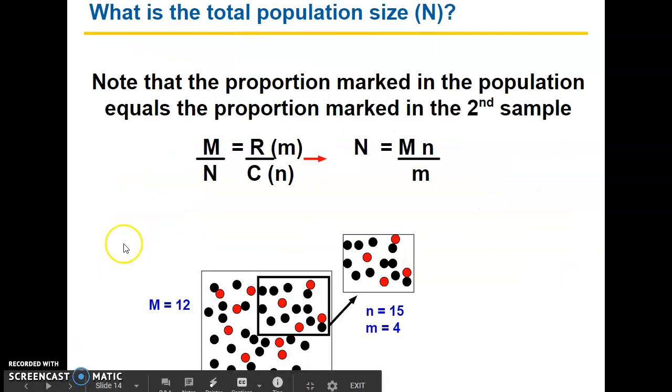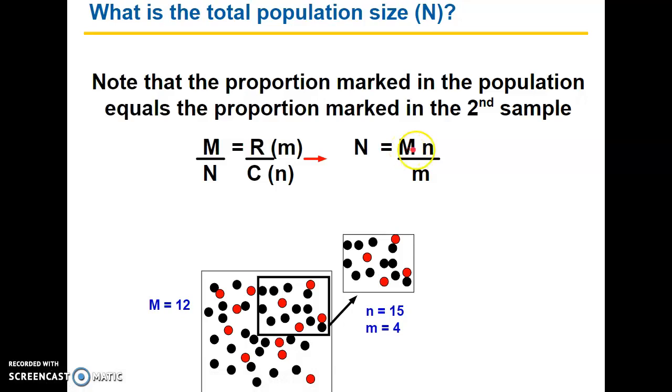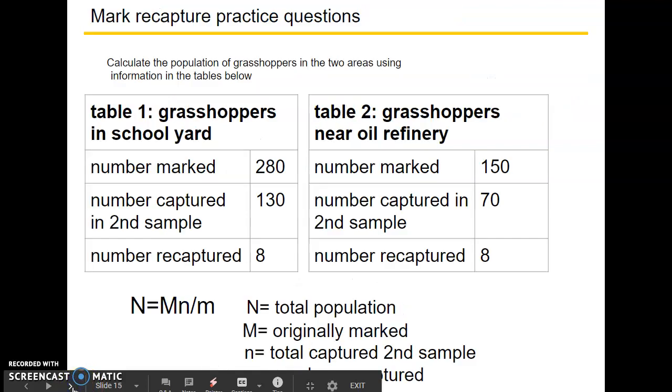And so here's the formula. So you have, let's get the pointer, N equals the number that you had marked originally, which was 12, the number that you captured in the second sample, which was 15, and how many had the tag on them. That was your little m, and that's the formula that you use in order to figure out the mark recapture.